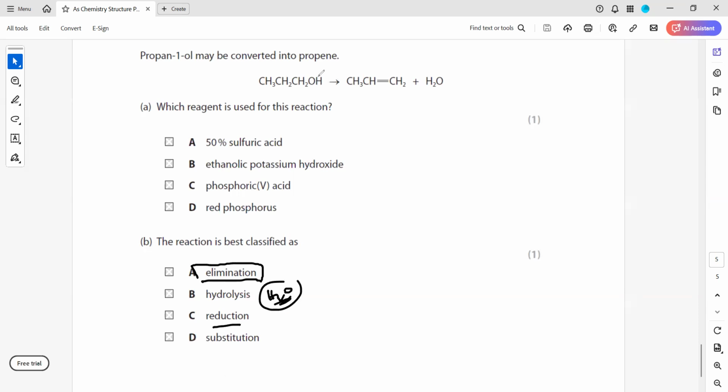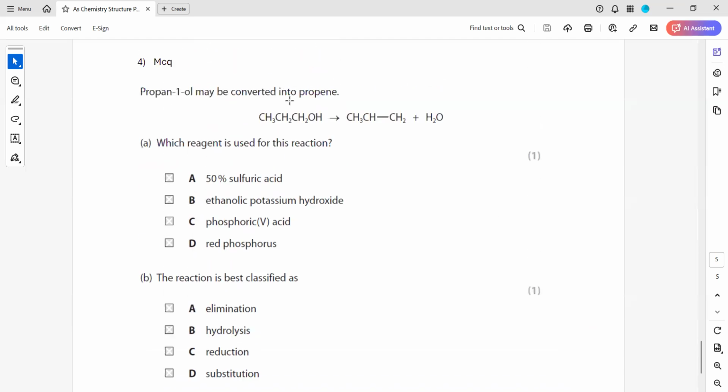If it was a reduction, there should be a change in oxidation number, but when we write the oxidation numbers of each, there is no change. If it was a substitution, an atom or a group of atoms replaces another atom or group. Like if C-Cl was there, and it reacts with OH, the OH will take the position of Cl and Cl will go out. That would be a substitution reaction. So this is an elimination reaction.